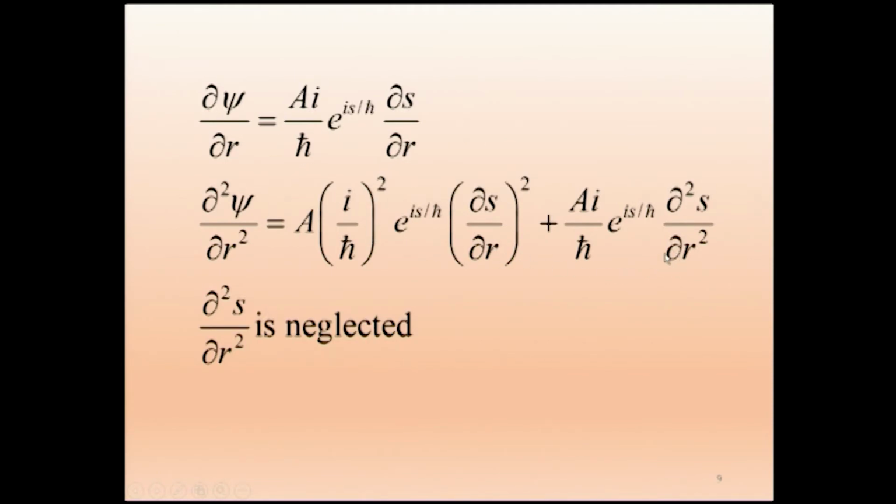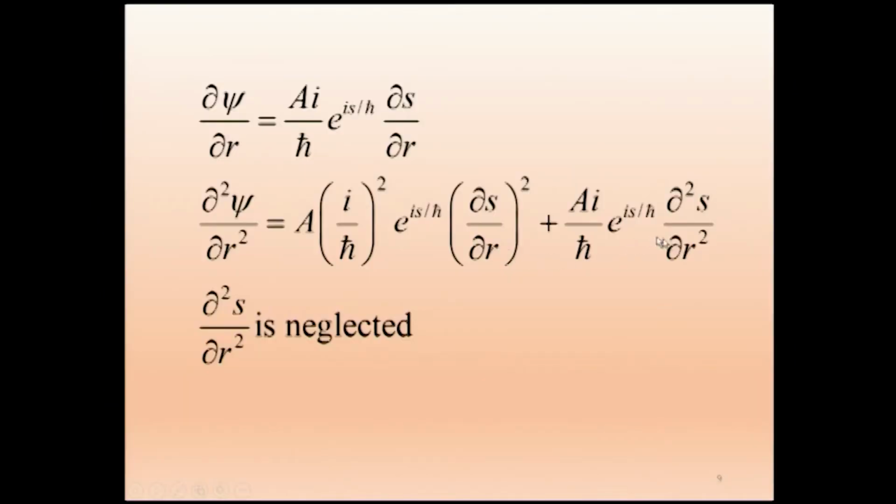Mathematics you can always follow, but I am just telling the physics part of it. S is a variable as a function of r. Here dou s by dou r is a small quantity, so the second derivative will be still smaller, and therefore that part is neglected.